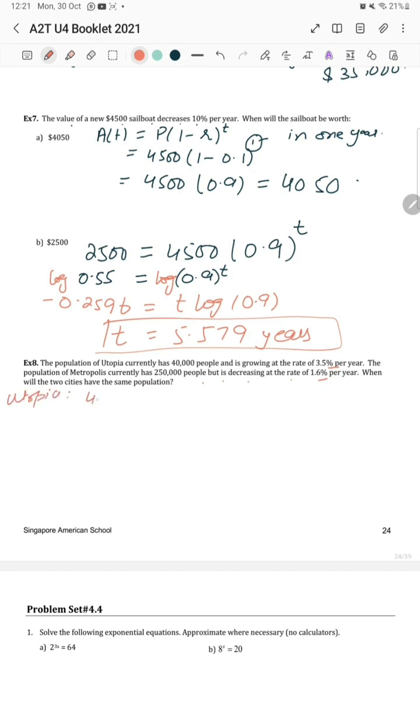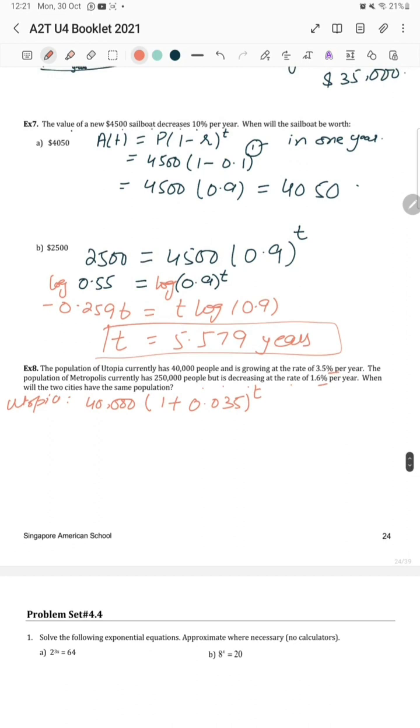Utopia has 40,000 population, times 1 plus 0.035 to the power t. So we are going to solve this.